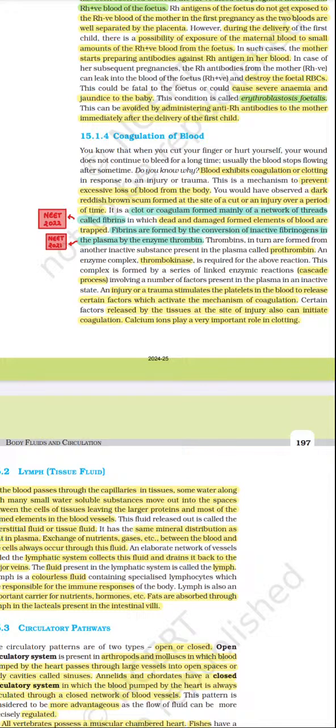An injury or a trauma stimulates the platelets in the blood to release certain factors which activate the mechanism of coagulation. Certain factors released by the tissues at the site of injury can also initiate coagulation. Calcium ions play a very important role in clotting.